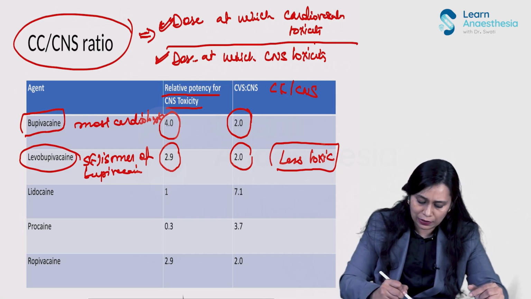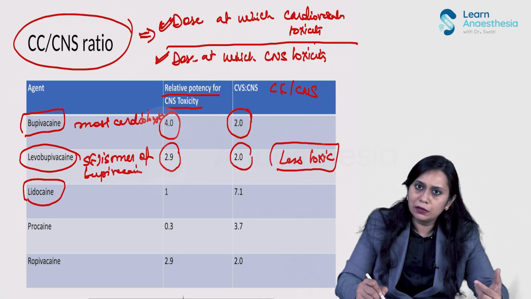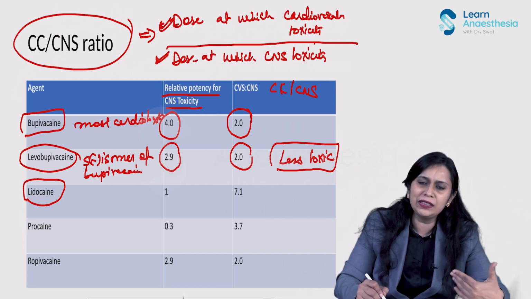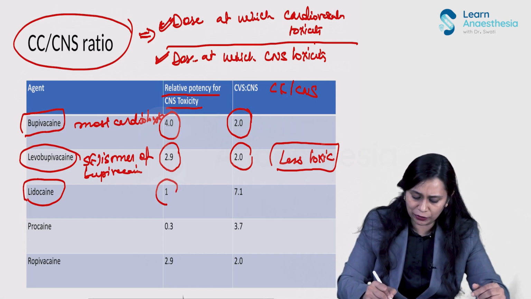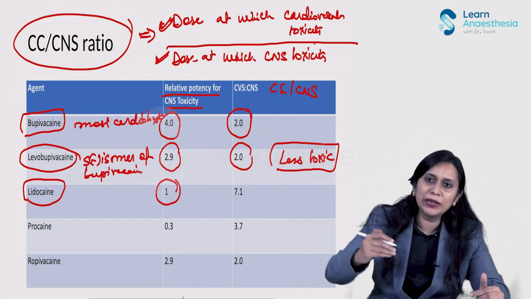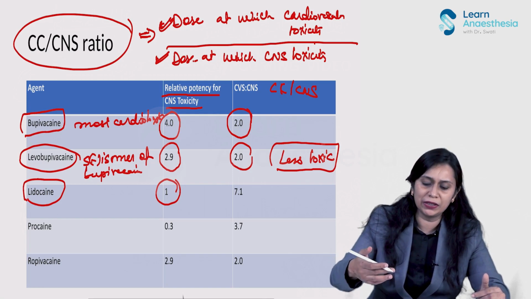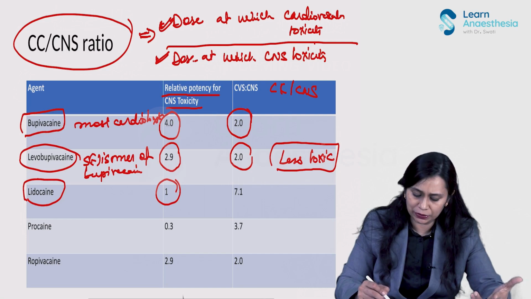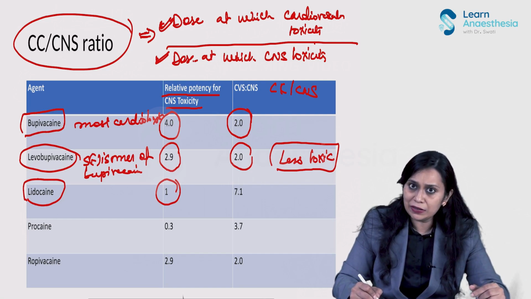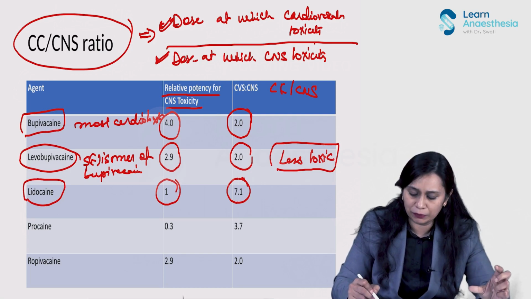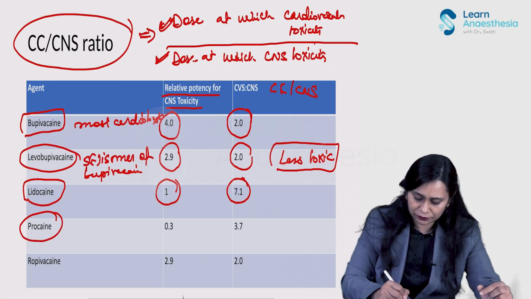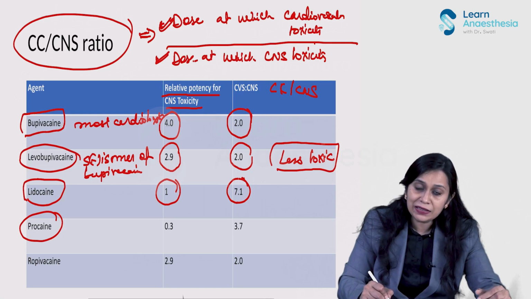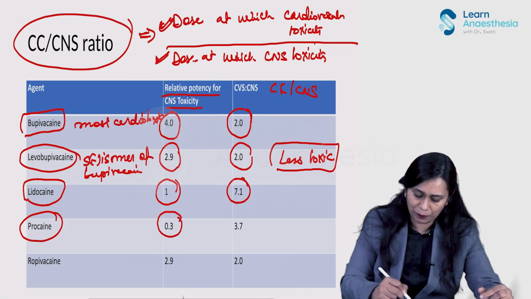Okay. Lidocaine. We are comparing the CNS toxicity keeping lidocaine as 1. Compared to lidocaine, how much more CNS toxicity do these drugs have. Bupivacaine has 4 times, levobupivacaine has 2.9 times. Okay. CC-CNS ratio of lidocaine is 7, which is pretty safe. Procaine is less CNS toxic compared to lidocaine.